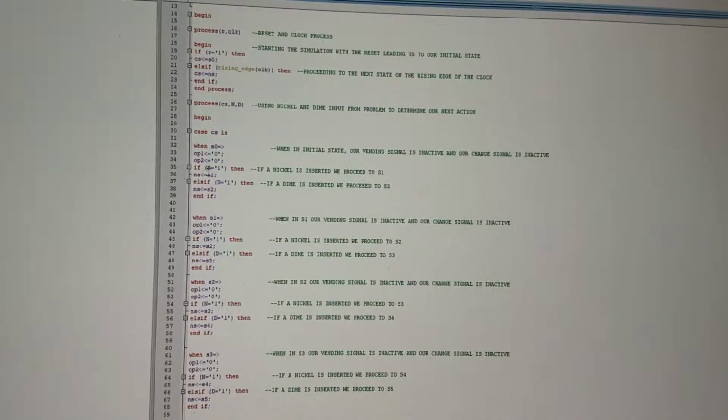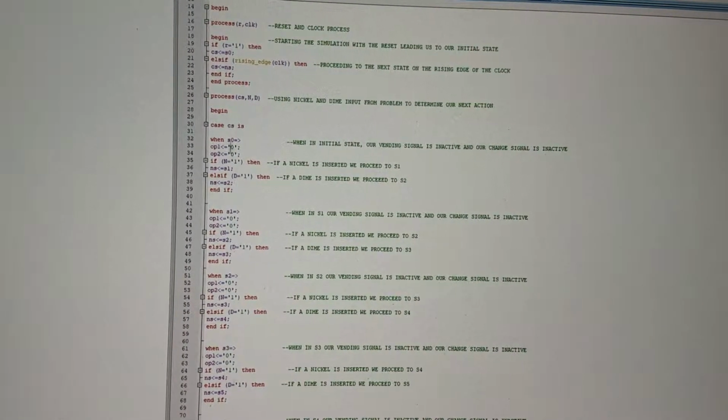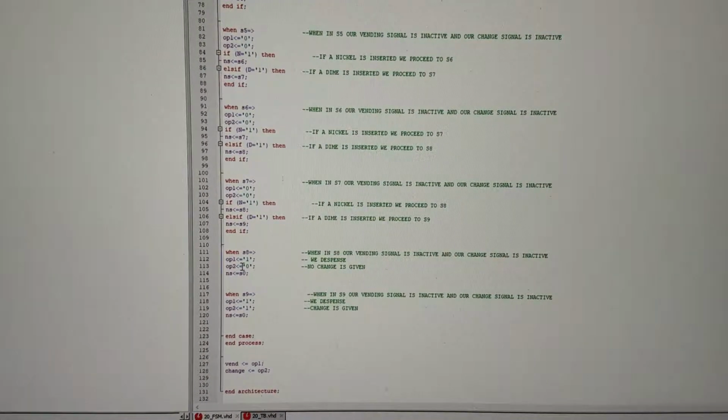Right here, in the process, when we're in the initial state, both of our outputs, represented as 1 and 0, are vend and change, and they are 1-bit outputs. So in our initial state, we're not vending anything, nor are we giving change. So that's what output 1 equaling 0 and output 2 equaling 0 means.